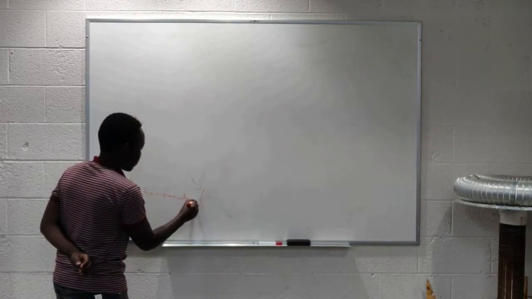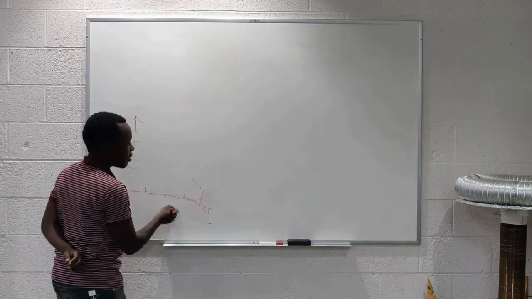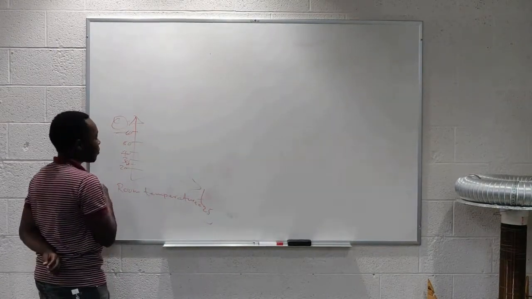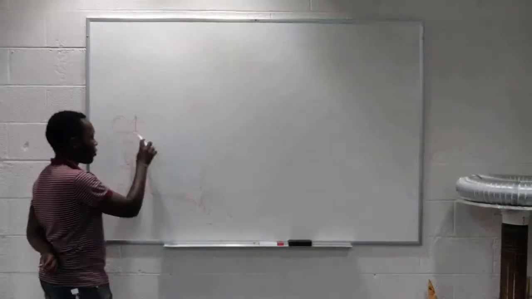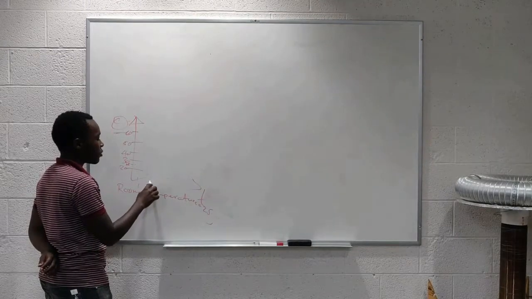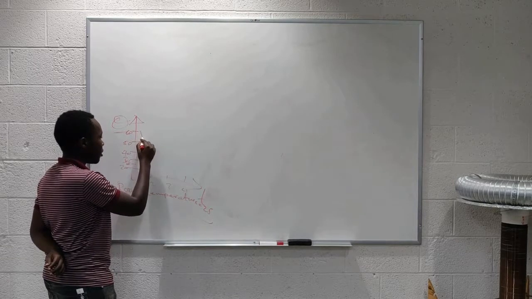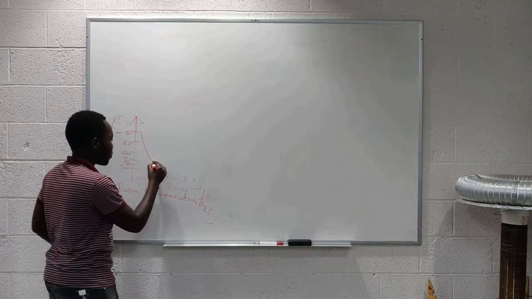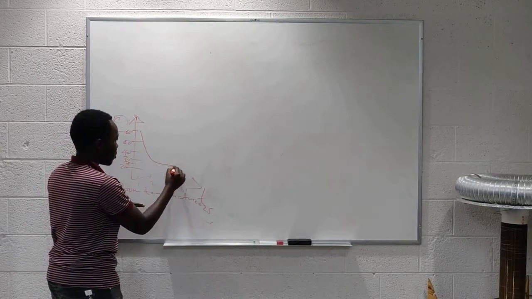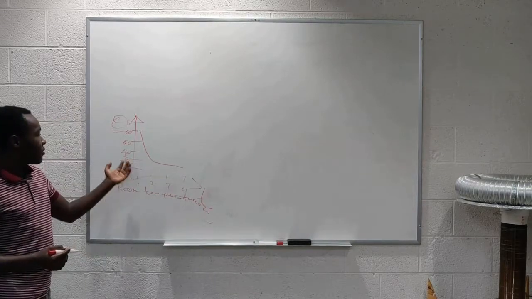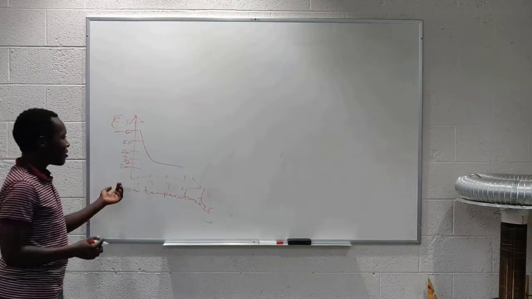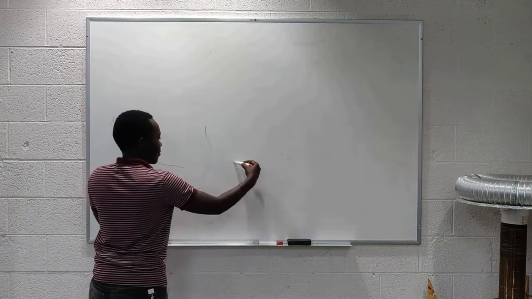So if we plot a cooling curve, let's say 1, 2, 3, 4, it will go this way. It's not a perfect curve, but it's supposed to look like this.